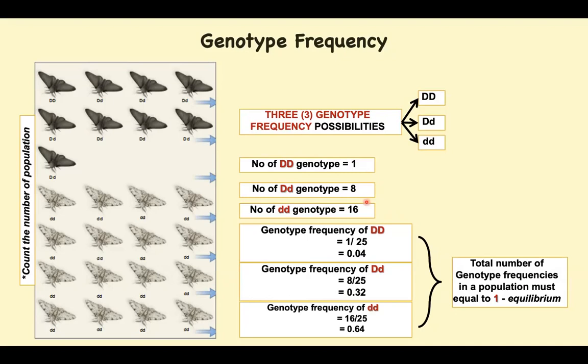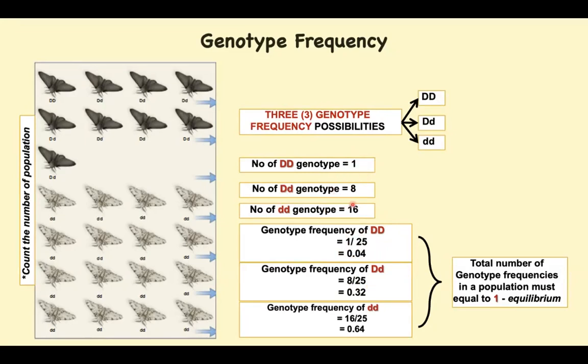Betul tak? So 25. When you have to count the genotype frequency of DD, besar D besar D besar, it is 1 over the total of the moth, which is 25. So you get the genotype frequency of DD is 0.04. Okay. Untuk heterozygous, you have to do 8 over 25.